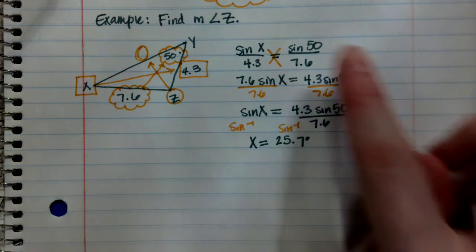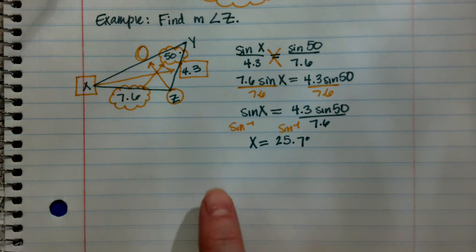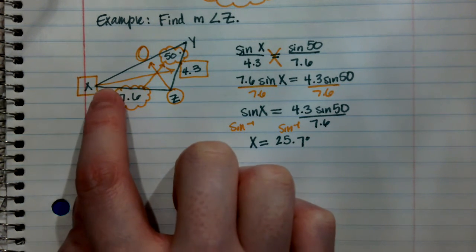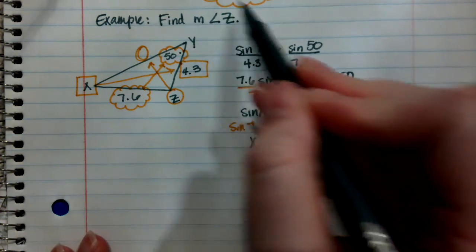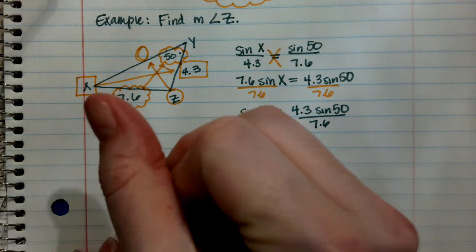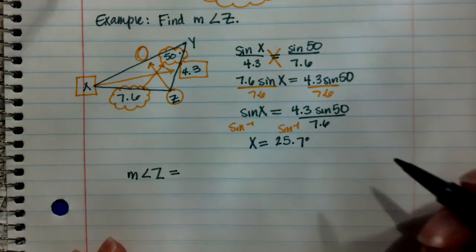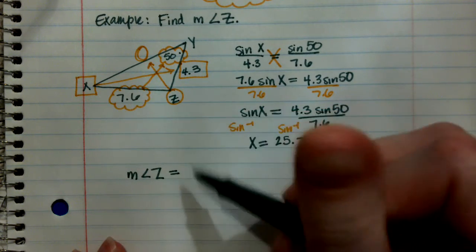So all my work is there to find the measure of angle x, which I got is 25.7. Seems pretty reasonable. This is a pretty small angle for x. But that's not what it asked me for. It asked me for the measure of angle z. So to find the measure of angle z, I just need to do a couple extra steps, and that is subtract my known angles from 180.